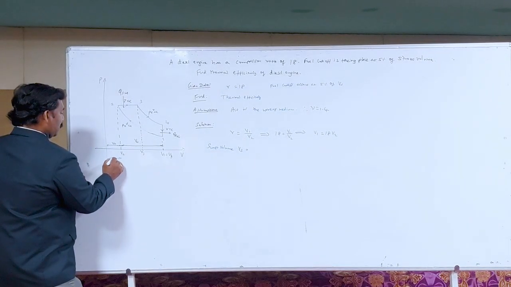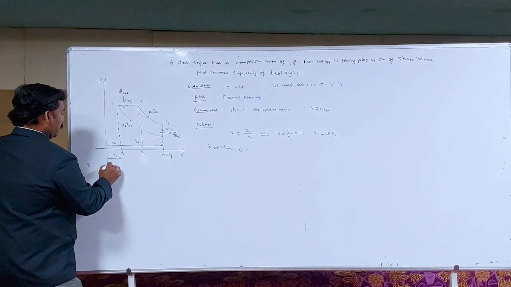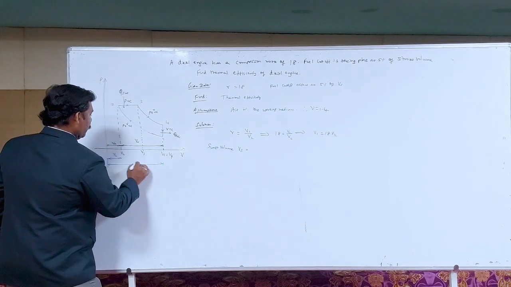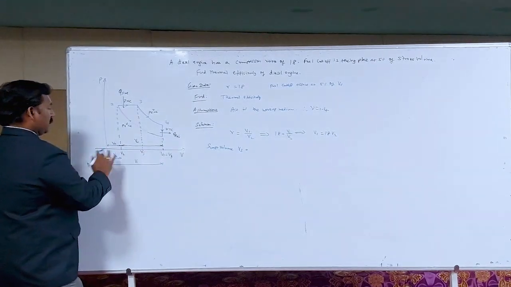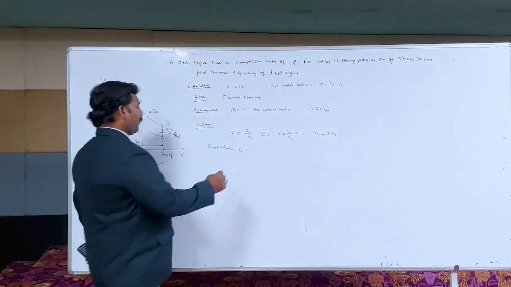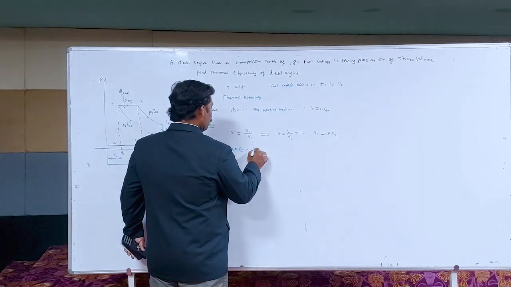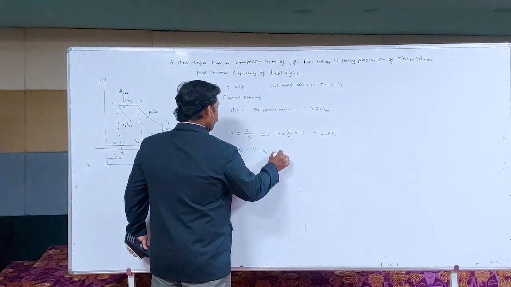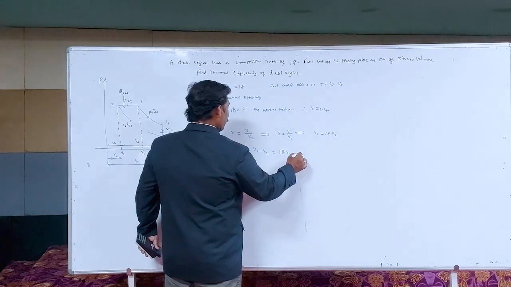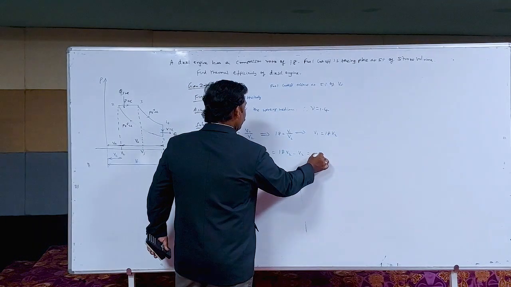So this is V2 and this is V1. So the swept volume is V1 minus V2. V1 is 18 times V2 and V2 is simply V2, so we can write 17 V2.